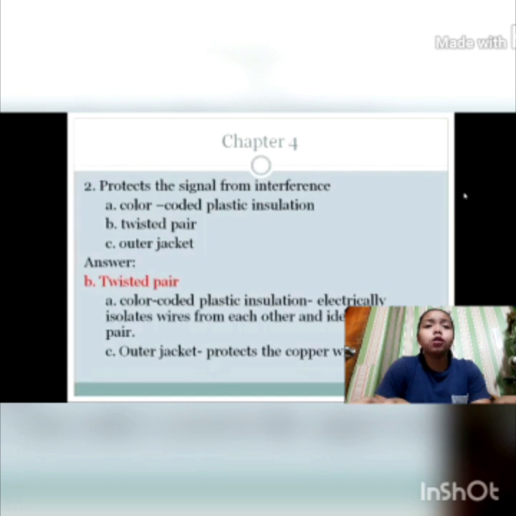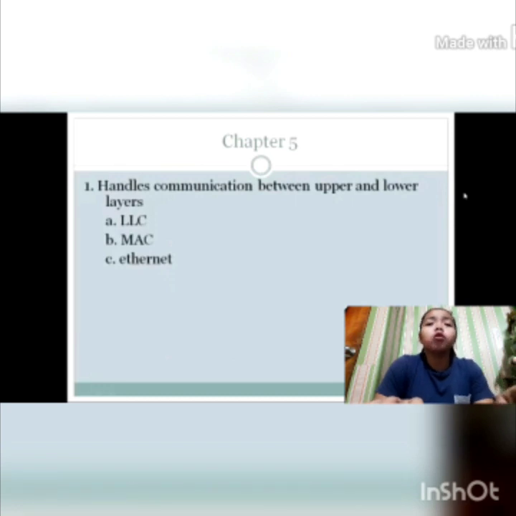Letter B, twisted pair, because letter A, color-coded plastic insulation, electrically isolates the wires from each other and identifies each pair, and letter C, outer jacket, protects the copper wire. So the twisted pair is the one that protects the signal from interference.